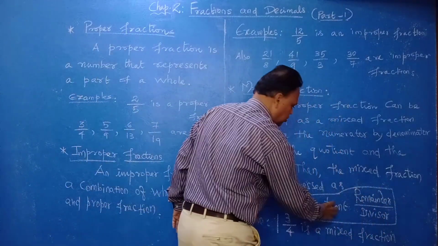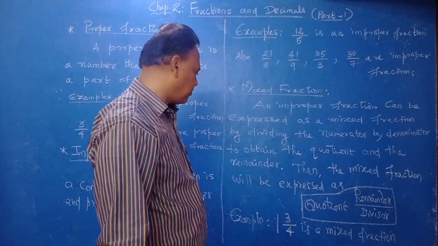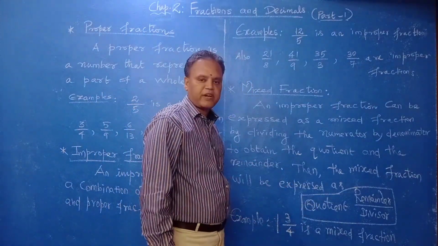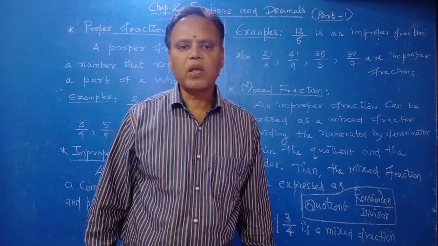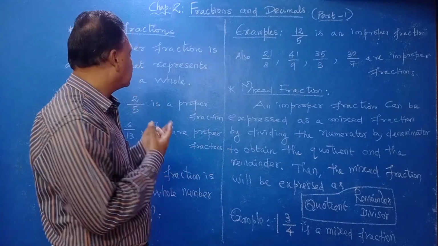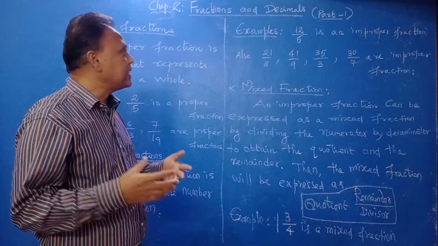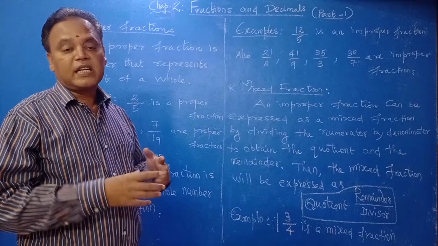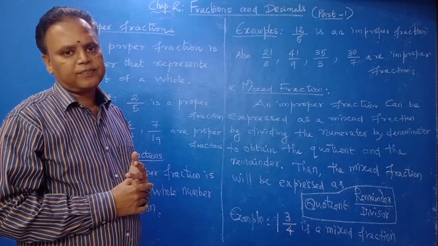For example, 1 3 by 4 is a mixed fraction. So very simple. Already you studied. This year you are going to study more about addition of fractions, subtraction, multiplication, division of fractions, and some application problems also.